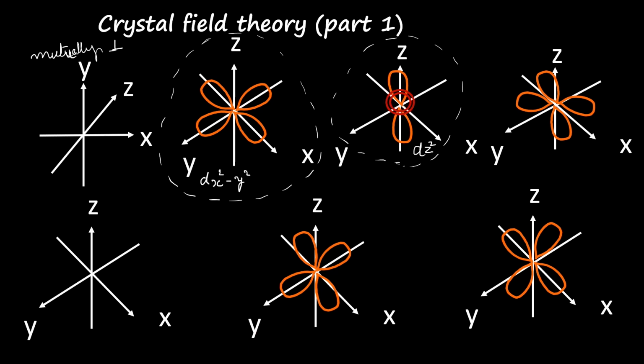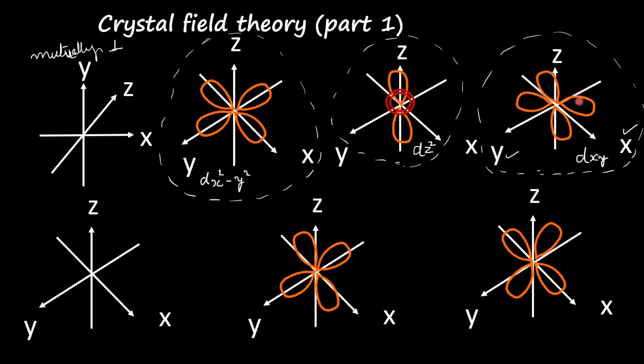Now let us come to the third orientation. This is the third orientation and this is called dxy orientation. This is the x-axis as is shown here. This is the y-axis. The lobes are in between the axes. They are not along the axis.